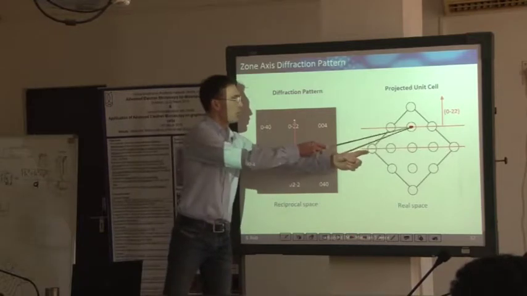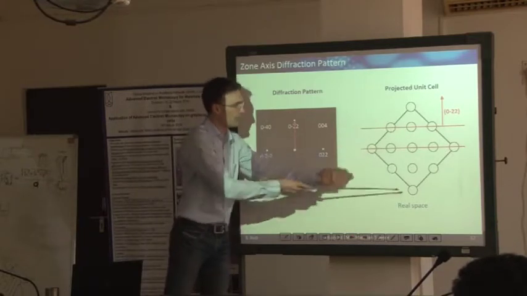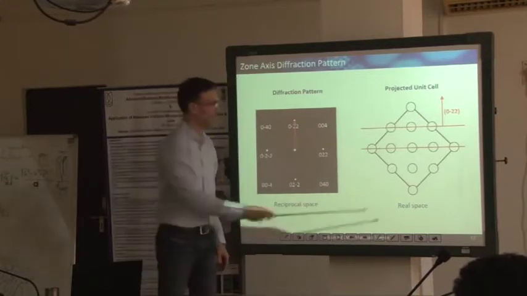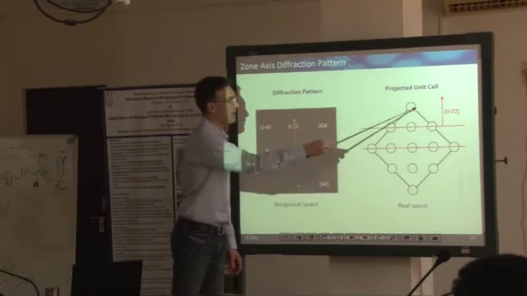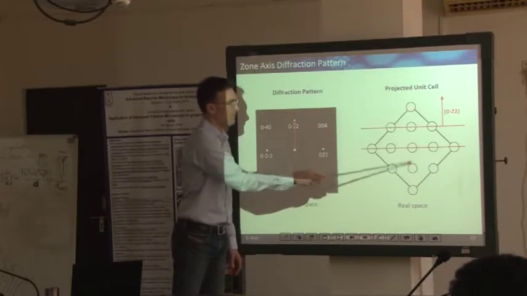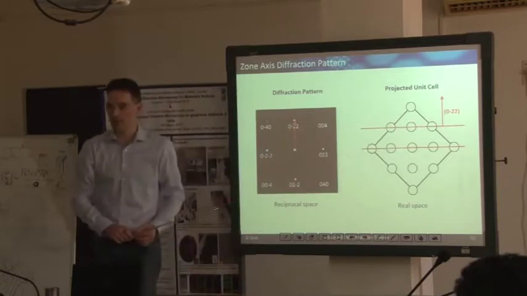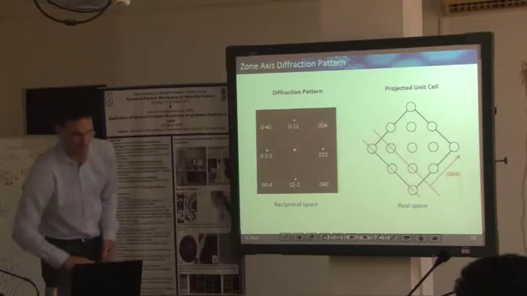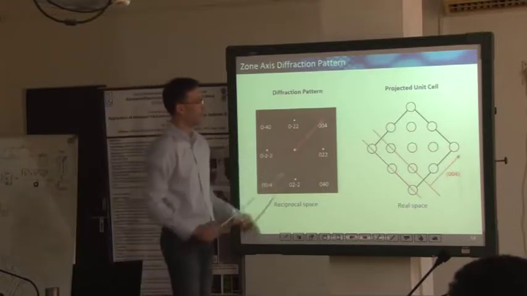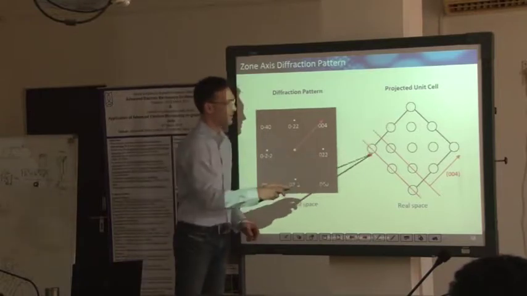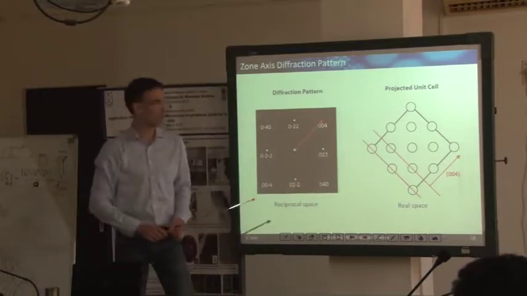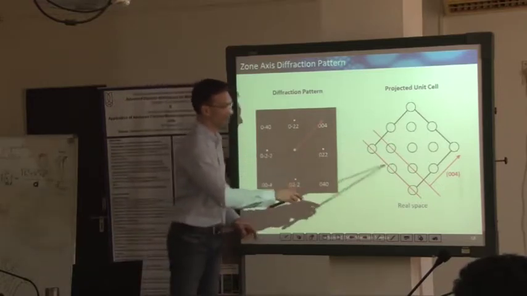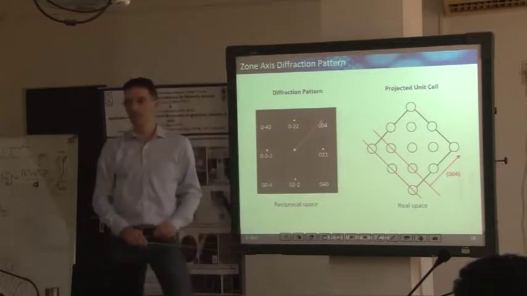We have these 220 type lattice planes. 220 means that our reciprocal lattice vector, due to the construction of the reciprocal lattice, points parallel to a 220 direction of our cubic unit cell. The same holds for the 400 reflections, which point along the 100 direction of our unit cell.